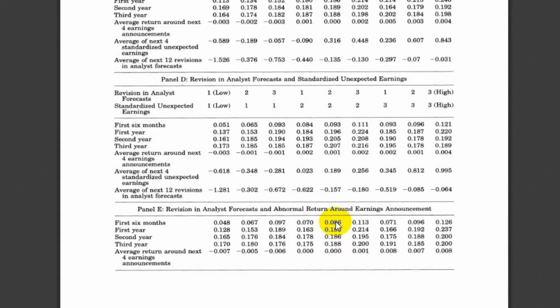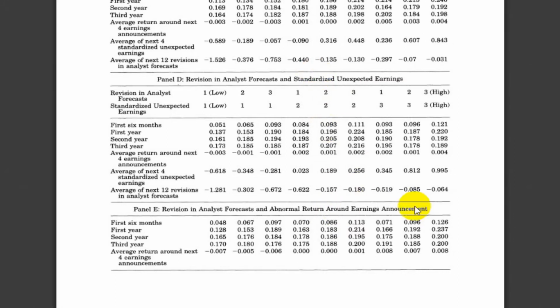So we find that using the abnormal return or the standard unexpected earnings doesn't really matter as far as which one earns the best return. And they're both using different information to earn those returns.